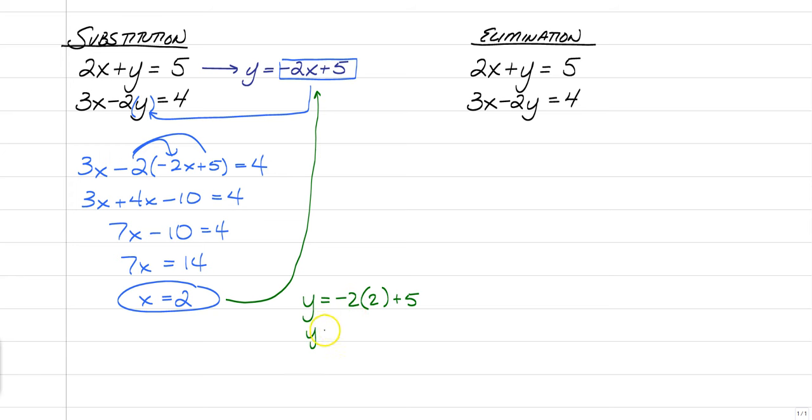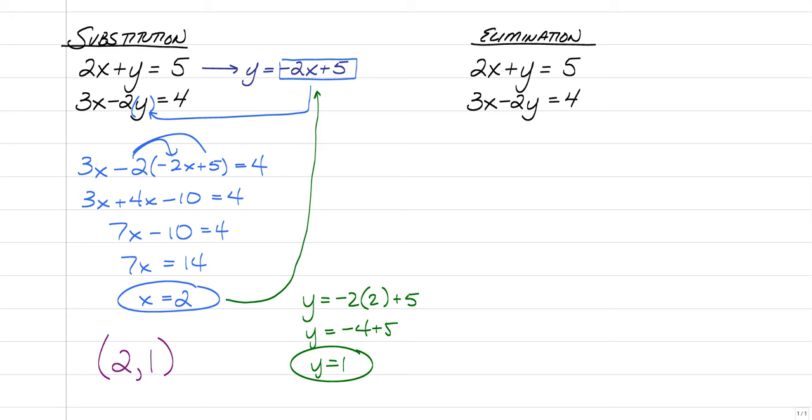So y is equal to a negative 4 plus 5. So y is equal to 1. And, of course, you're not done. You have to write it properly. The proper way to write a system solution is x comma y, just like a coordinate. So 2 comma 1. And now you're done. That's it. That's how you solve a system by substitution.